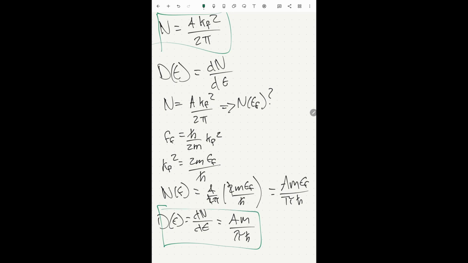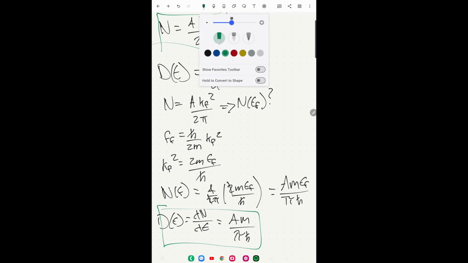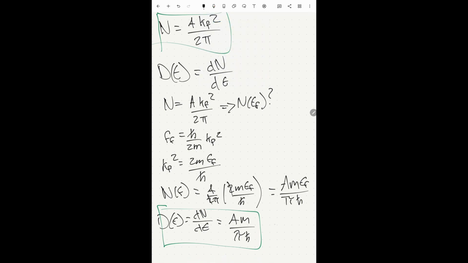So one thing that you guys will notice, and it's right in black here, is that this does not depend on energy.